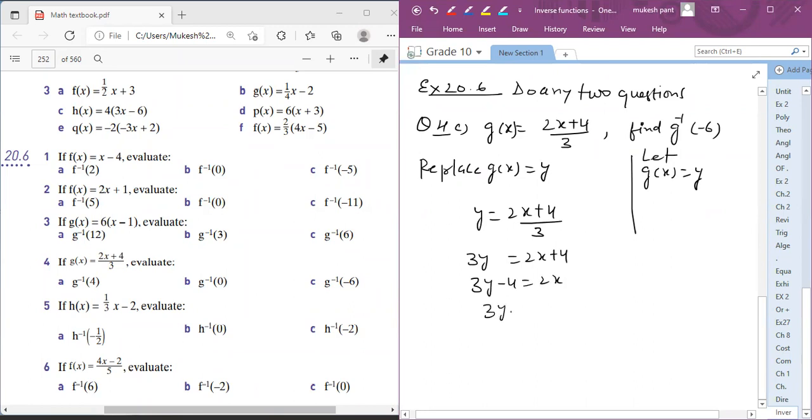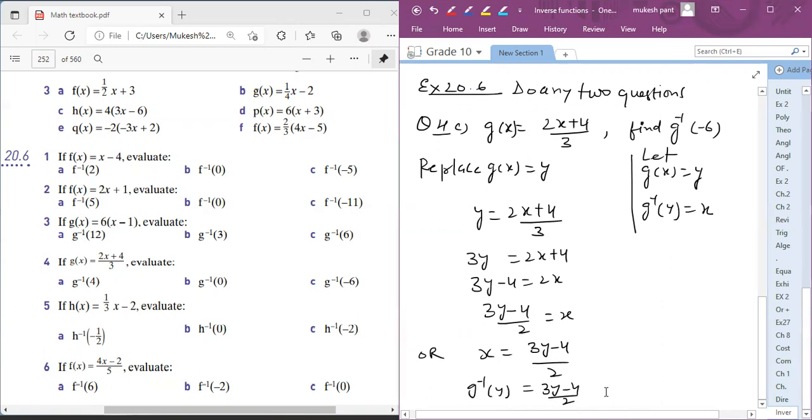So this becomes (3y - 4)/2 equals x, or x equals (3y - 4)/2. Okay, so if g(x) equals y, then g inverse y equals x, so you will write g inverse y equals (3y - 4)/2.